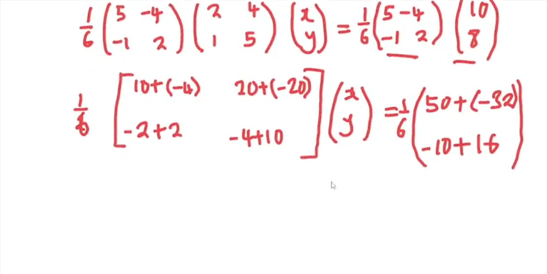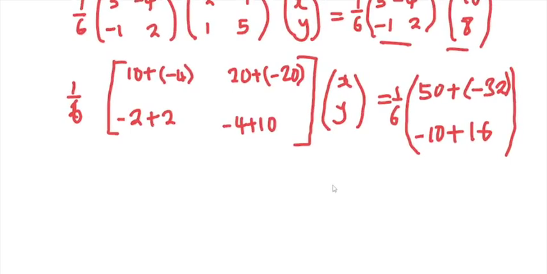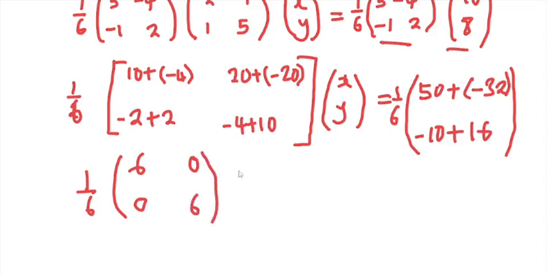After writing this, we can just simplify what we have gotten. We write 1 over 6. 10 plus -4 will be 6. 20 plus -20 will be 0. -2 plus 2 will be 0. -4 plus 10 will be 6.